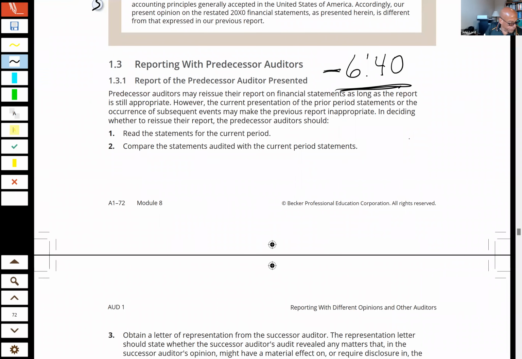And let's continue on now here with this discussion of predecessor auditors. Sorry, guys, one second. I generally forget after the break. I'm able to get a little more light in here, although we're coming to that part of the year where we will probably be in the dark around the time we start the class.